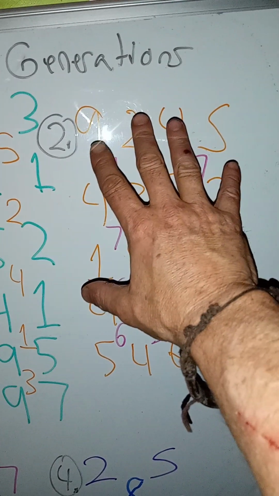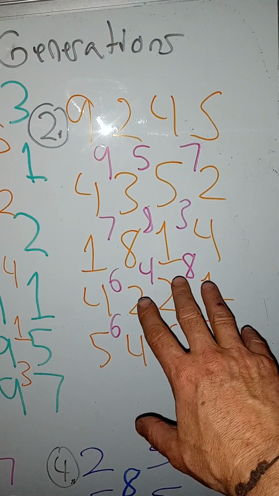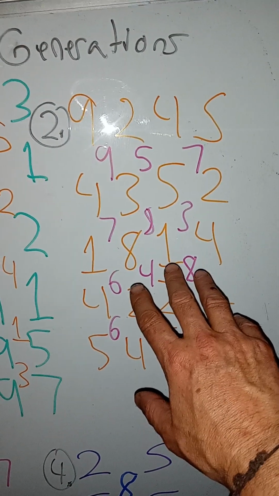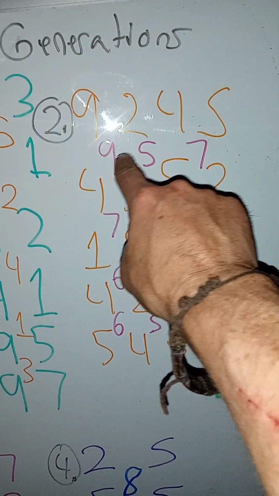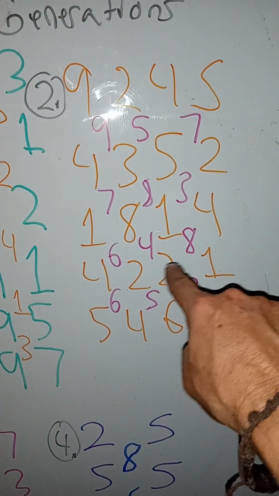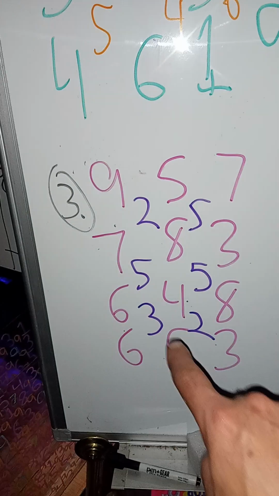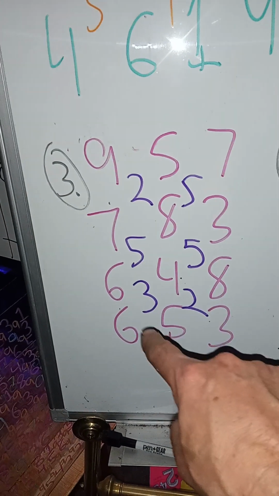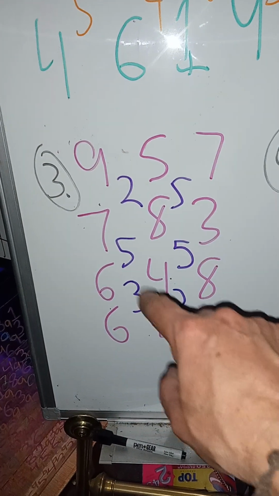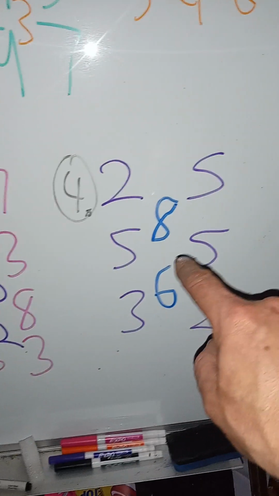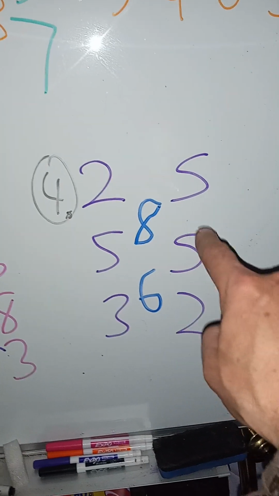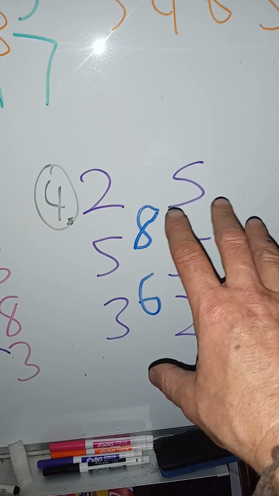These orange are the second generation. It doesn't show any patterns, not any recognizable to me at least. These purple are the third generation, and they keep on getting smaller. These purple right here, no patterns that I can notice. And the fourth generation gets really small, still no patterns.